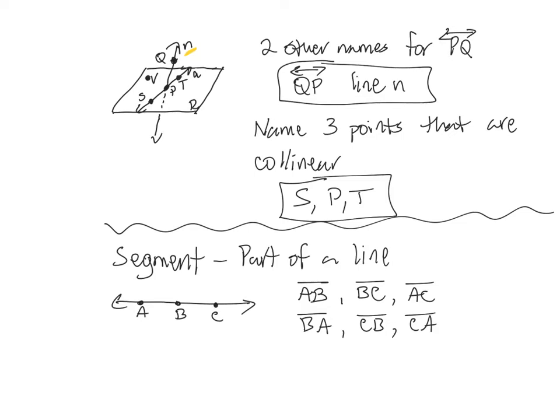All right, so you might see not just segment, but it might be written as line segment. There really isn't a difference, but I don't want you to see it one way one time and another way another time and think that it's something different. So technically, A and B have endpoints.